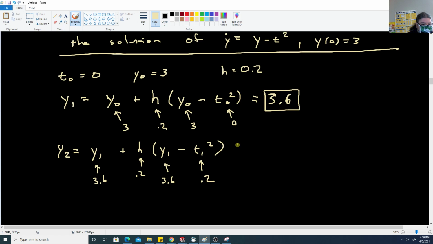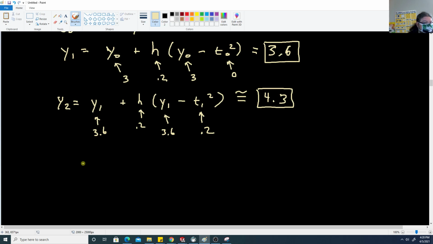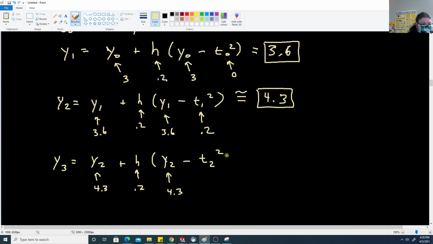And if we type this into our calculator, that'll be about equal to 4.3. It's not actually exactly that, so we can put a little squiggle equals. Say that's about 4.3. So y3 would be the y2 value, which is 4.3, plus the time step, which is still 0.2, times our y2 value, which is still 4.3, minus the previous time squared.